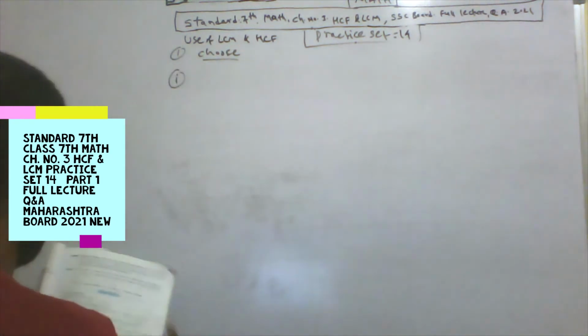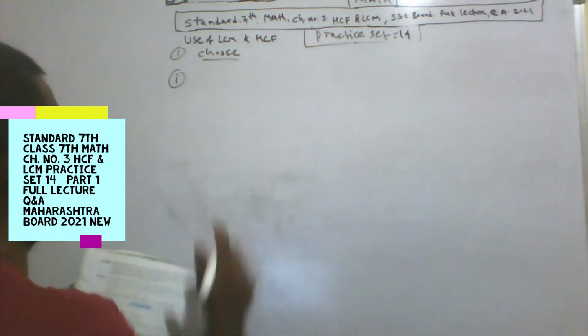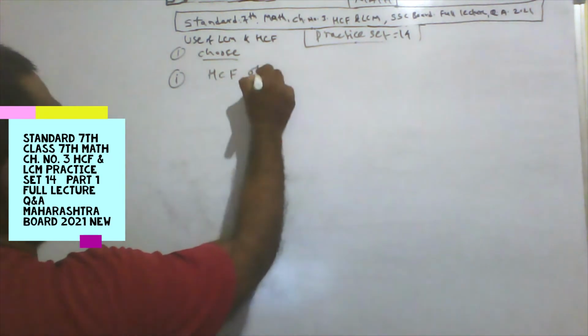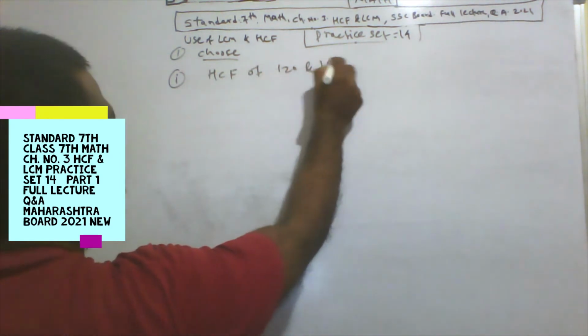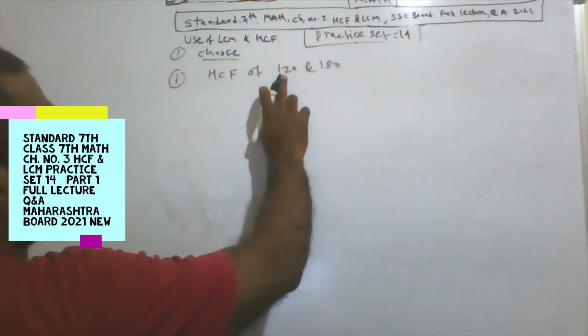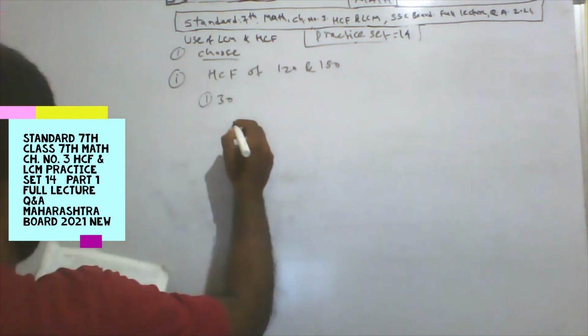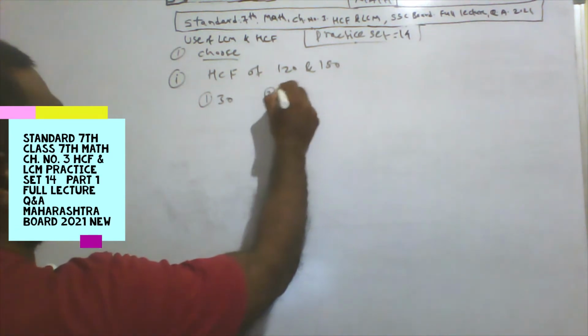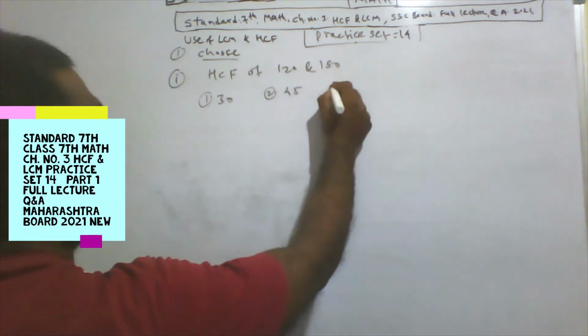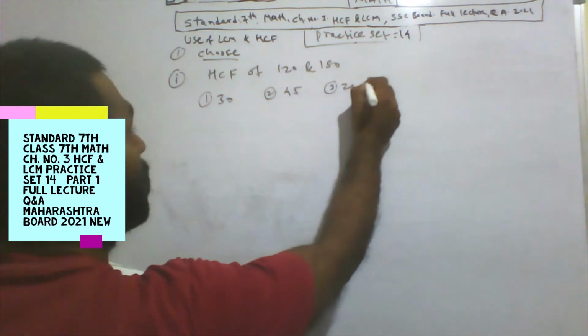Roman 1 is the HCF of 90, 120 and 150. So simple, 3 fours are 120, 3 fives are 150, so 30. The options are 30 and 45, the second is 20 and the fourth is 120.